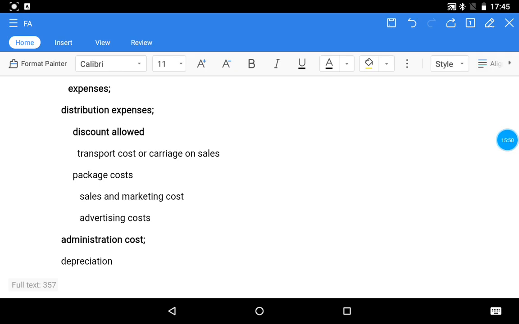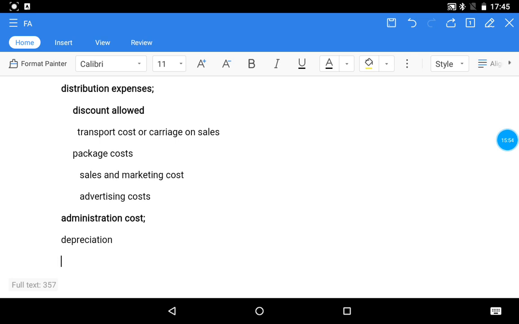We have salary and wages. Maybe a business is big, you have people who work for you, you will pay them. Even yourself, you will pay yourself. That means you are using salary. You are paying people. It means that one is under administration costs, in the operating of a business. Also, we have professional fees.